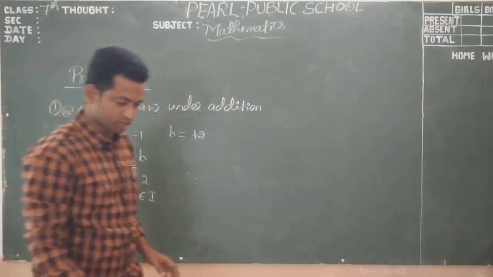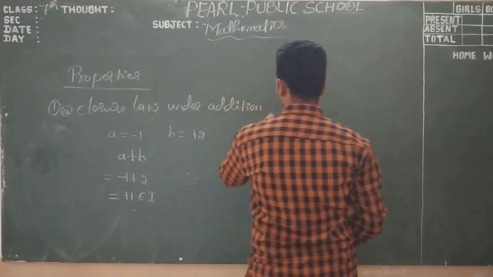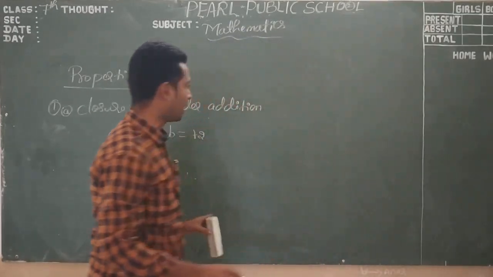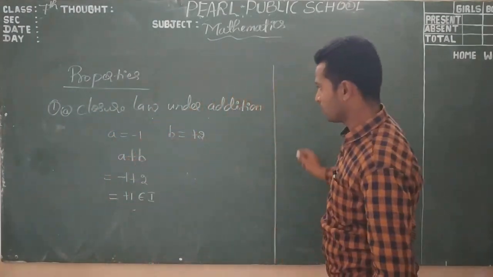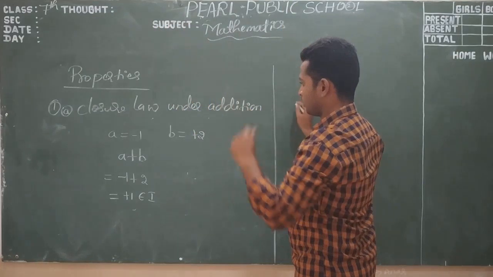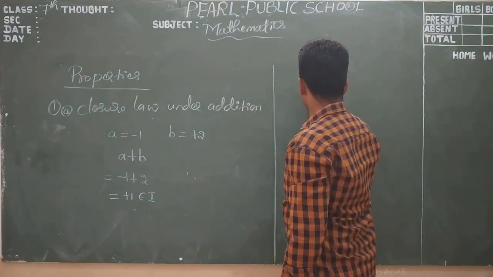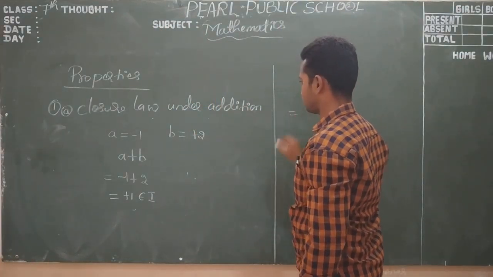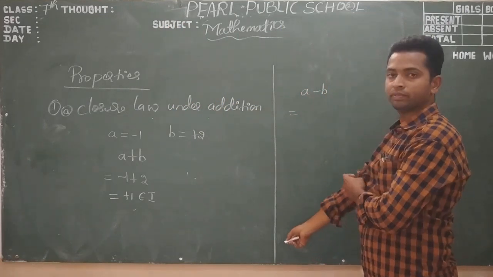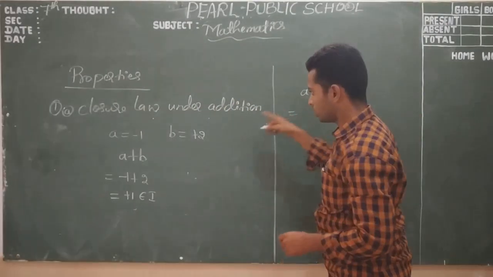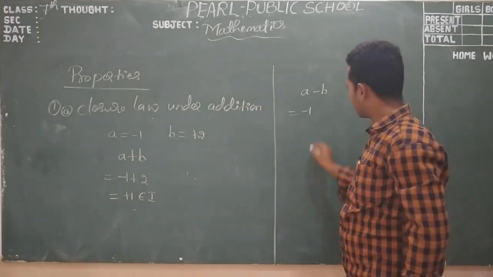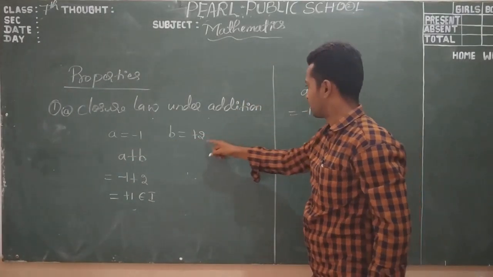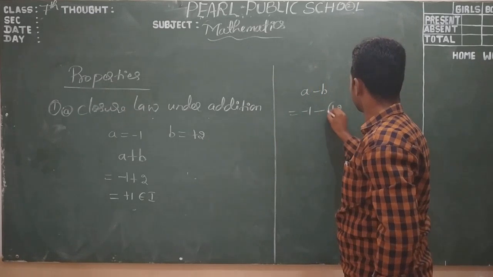Okay. So next, let us verify the closure law under subtraction. Is it verified in subtraction? See, you take a minus b. Now our a is -1, and minus b is +2.